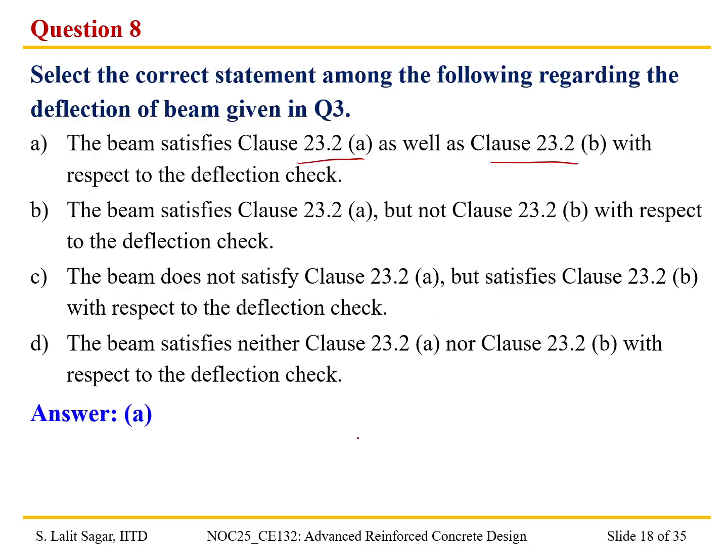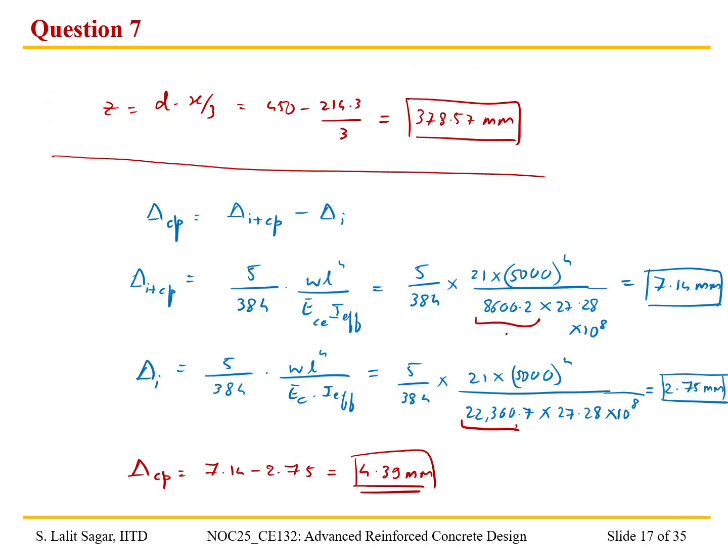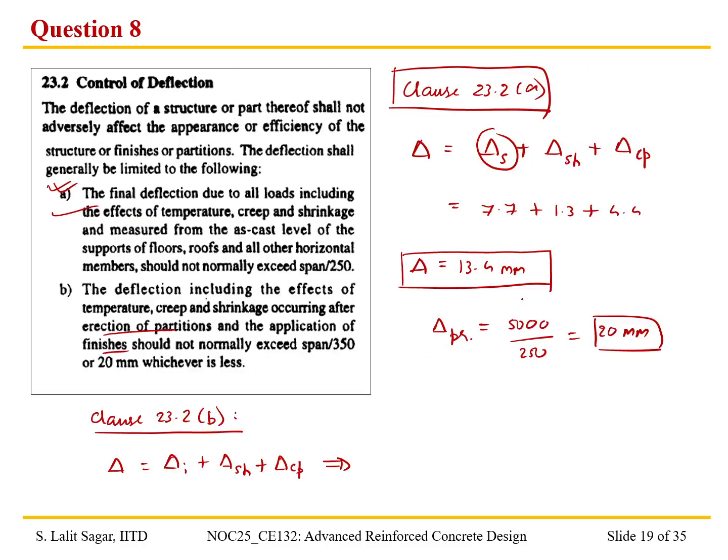Delta I we can consider from this particular equation. We're considering 70% of the load, that is 7.14. So here we have 7.14 plus shrinkage is 1.3 and the creep is 4.4. So that gives a value of how much? 12.83 millimeter.